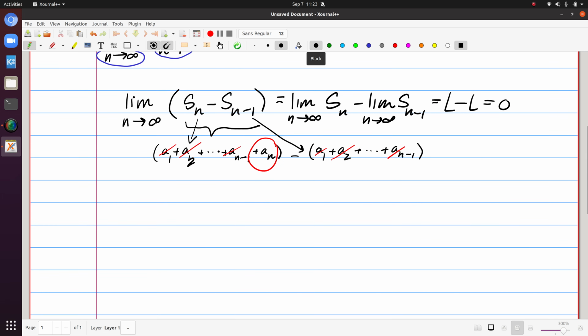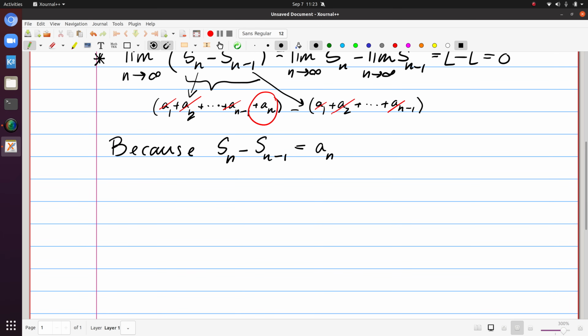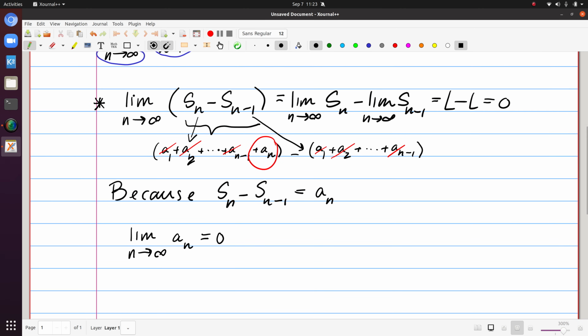So what we're deducing here is if ever I take subsequent partial sums, so the nth partial sum minus the n minus first partial sum, that always leaves simply the nth term of the series. So what this line above tells me is that, in fact, the limit as n approaches infinity of a sub n is 0. So that's the conclusion we can draw here.